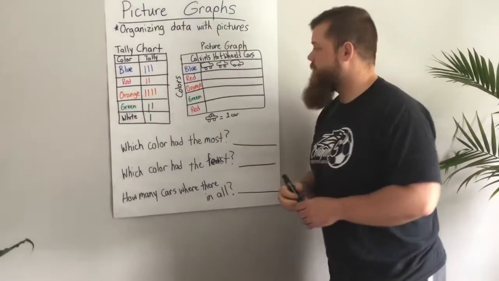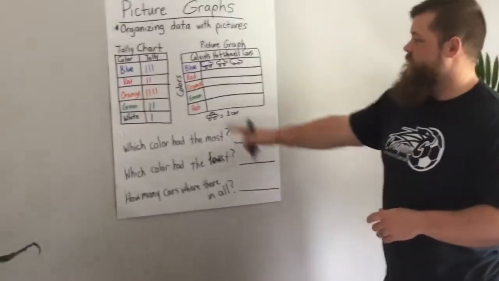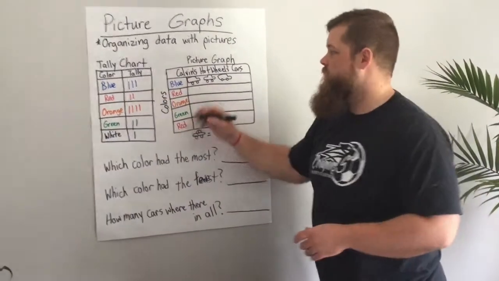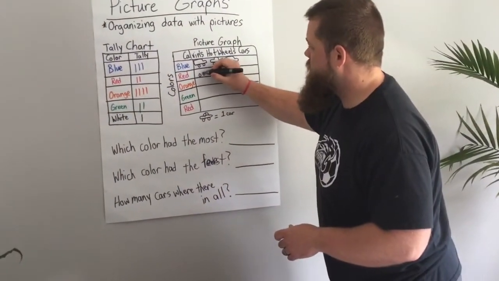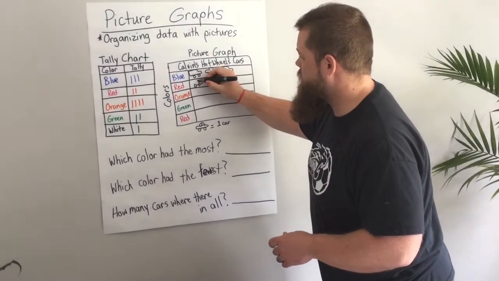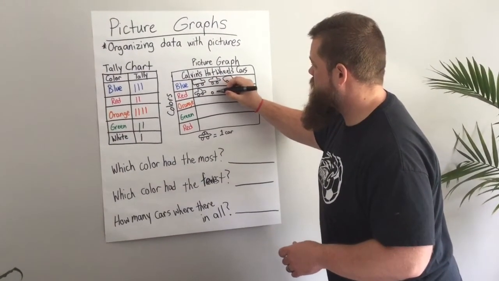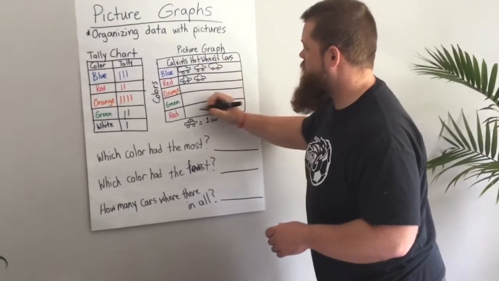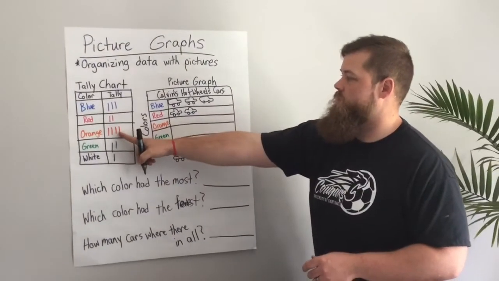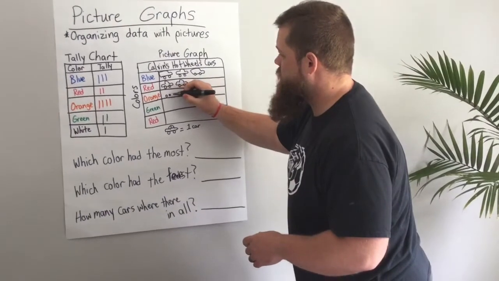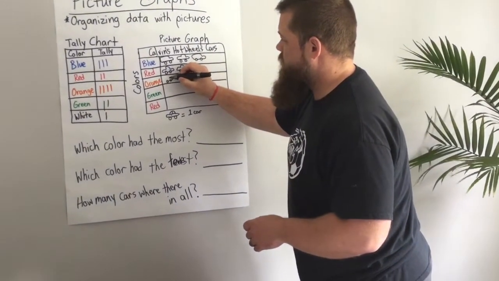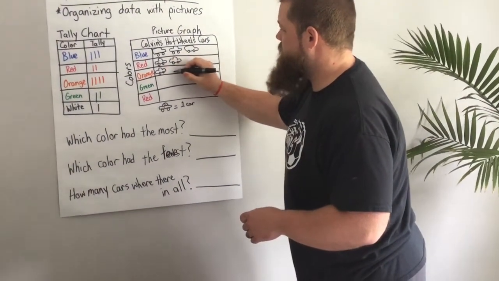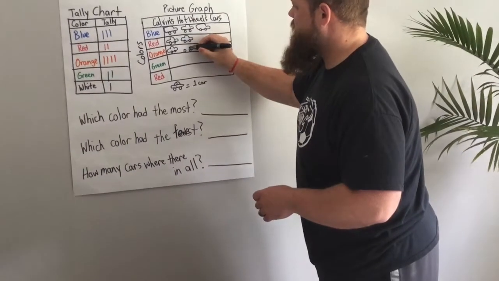They don't even need a label. A couple of them look like dump trucks, and that's okay. Now I look and I see I need 2 red cars. I need 1, 2, 3, 4 orange. Your pictures don't have to be perfect. Mine definitely aren't.